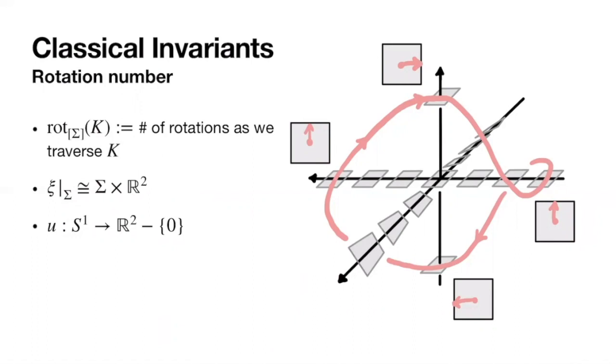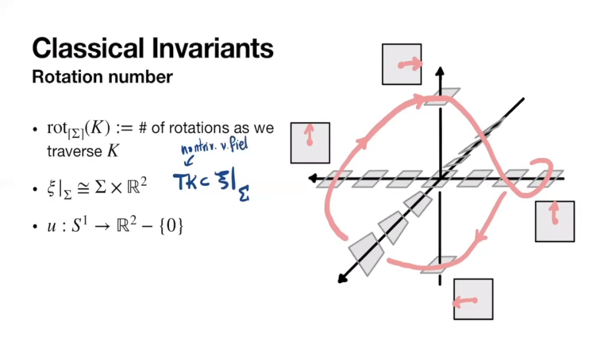So this is isomorphic to my surface cross R2. Remember the tangent bundle of K sits inside of Xi. In particular, if sigma is a Seifert surface or any surface with boundary K, the tangent bundle of K sits inside of there, and this is a non-trivial vector field.